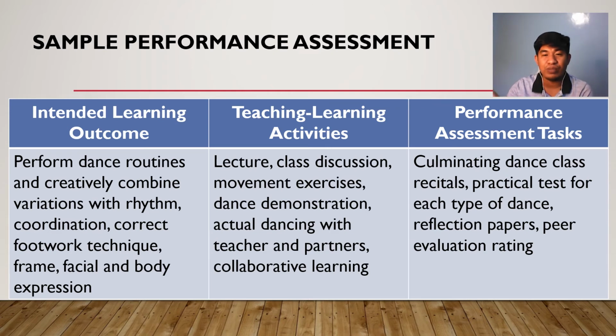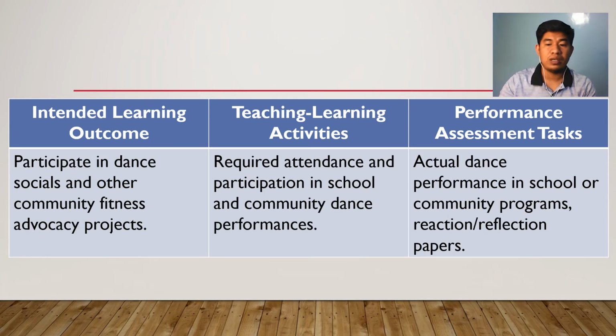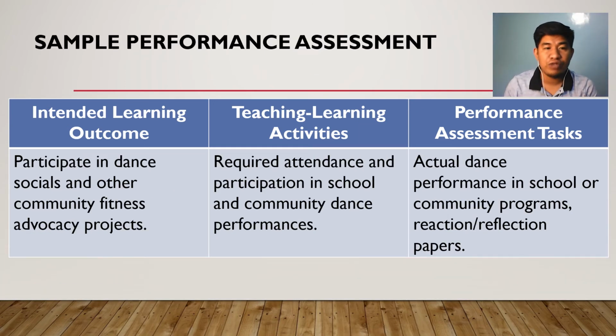So these are examples of the performance assessment tasks that might be administered by the teacher in order to check whether the intended learning outcome has been achieved by the students or not. Another example of intended learning outcome is to participate in dance socials and other community fitness advocacy projects.